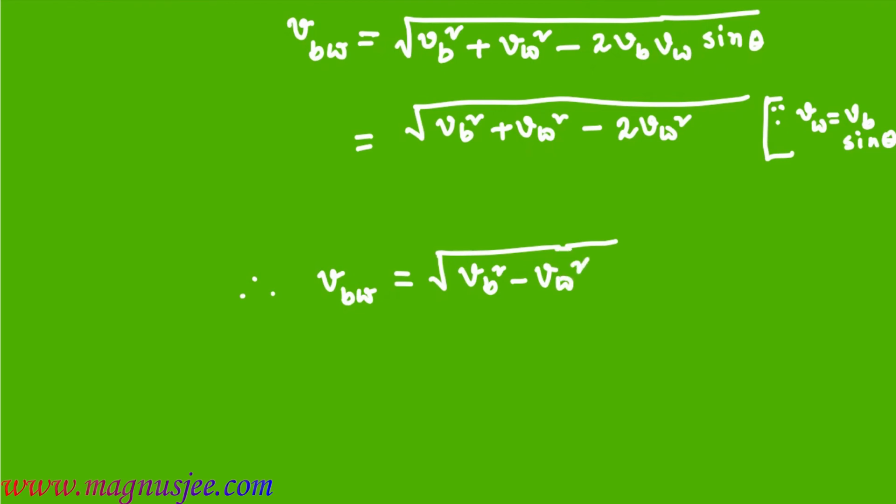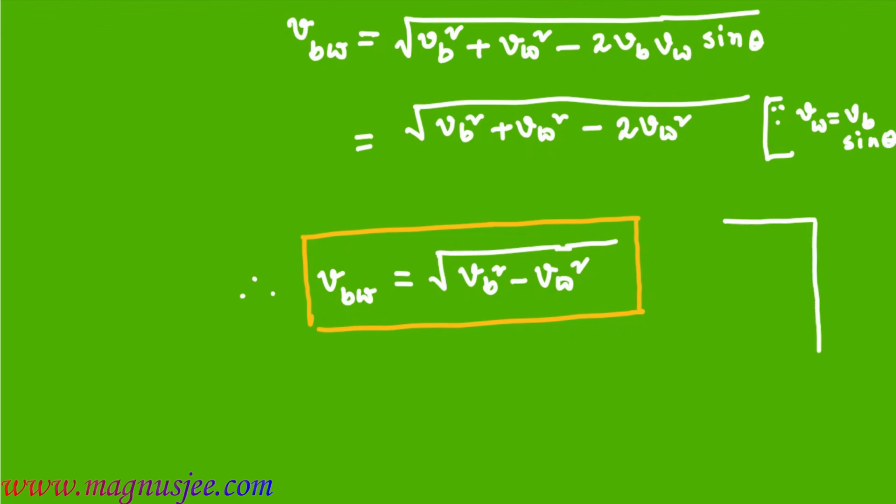Root over square of velocity of the boat minus square of velocity of river water. And finally, we get the resultant velocity of the boat along shortest path to cross the river under the combined action of the boat and river water.